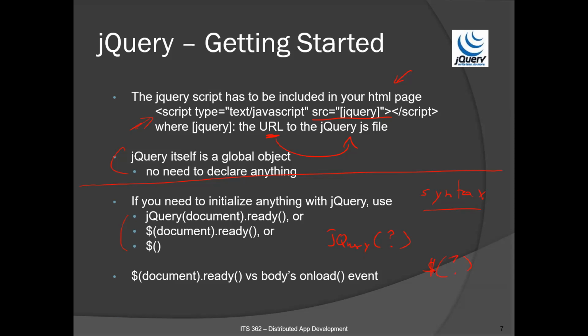So you plug something in here, usually from your DOM, the document object model, and you grab that object and make it into a jQuery, okay? All right, so that's the idea basically.